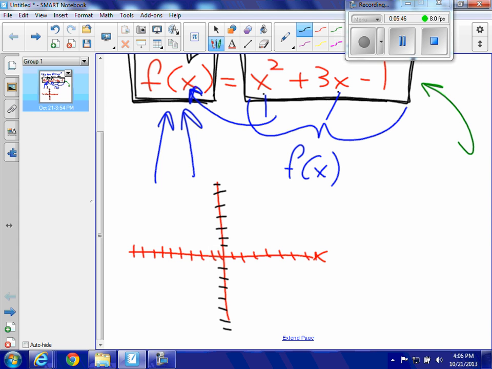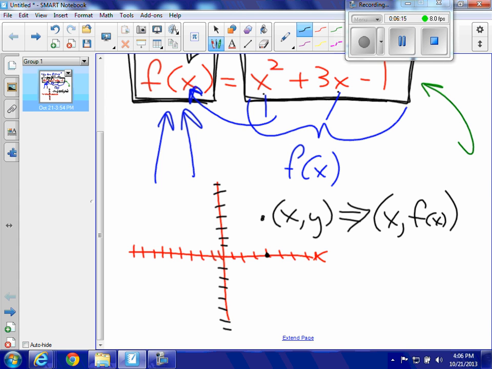So really what I have when I evaluate an expression for x, and I get an answer, I just look and say, well, what is that answer? And I put that on the y-axis, and I have a point x, y, which is really the exact same thing as the point x, comma, f of x.